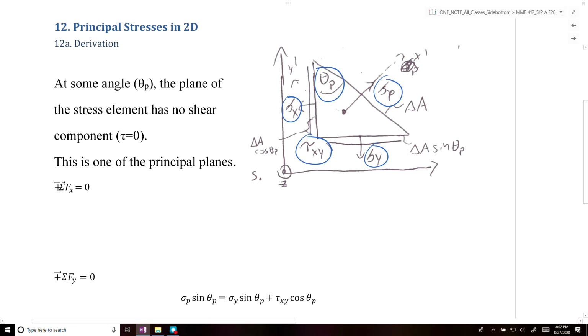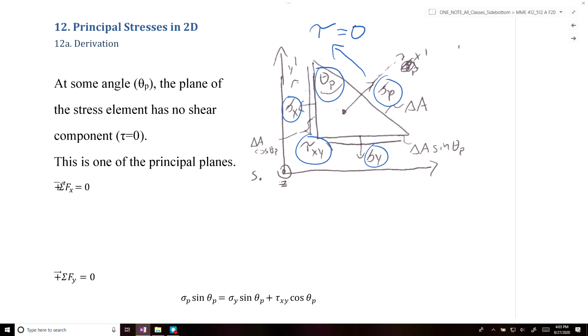But the shear stress along that face will not be present. So we would say that the shear stress along that face will be equal to 0. We'll call this one of the principal planes in our system.